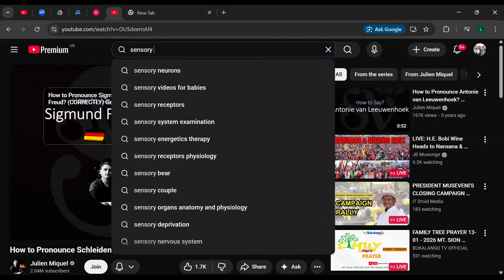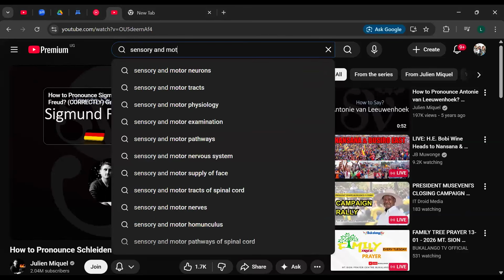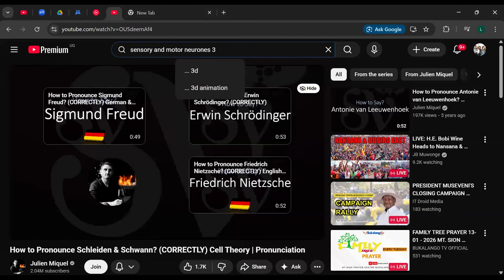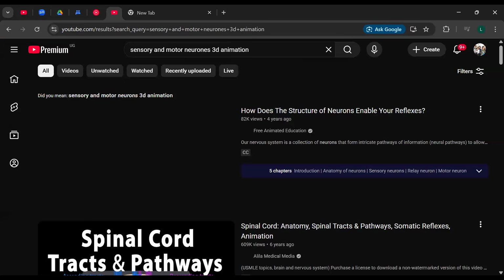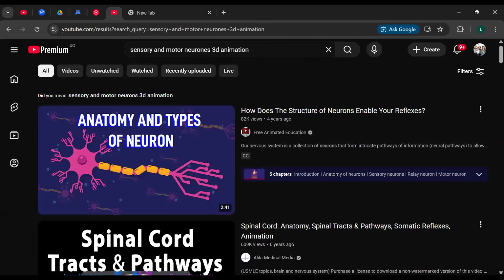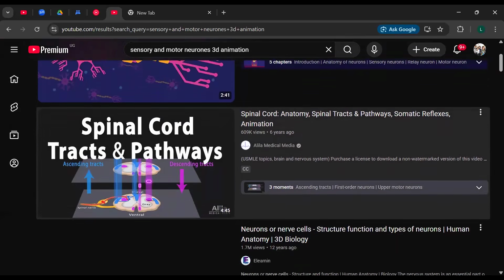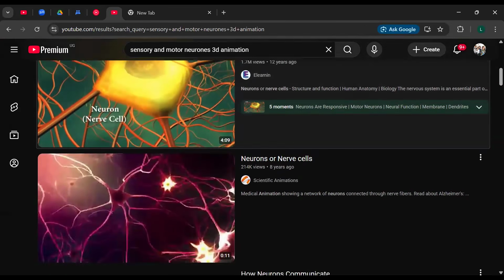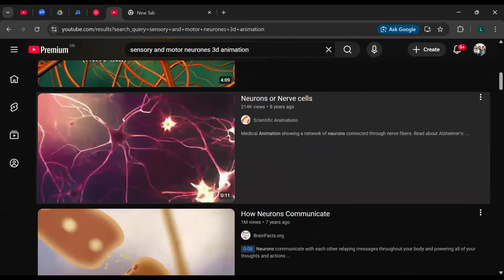The sensory and the motor neurons, 3D animation. How does the structure of neurons enable your reflexes? Structure and function, types of neurons.